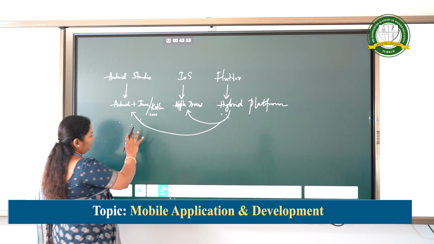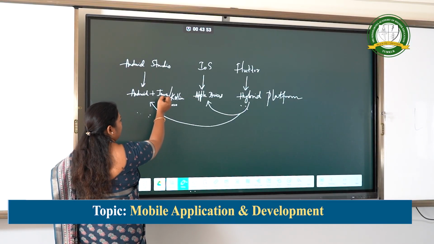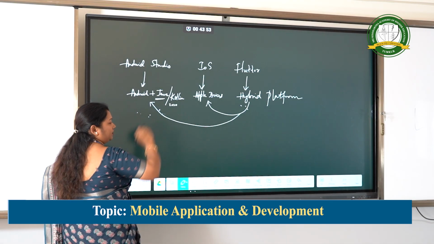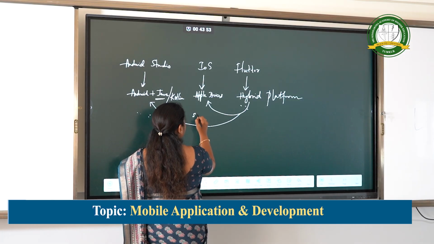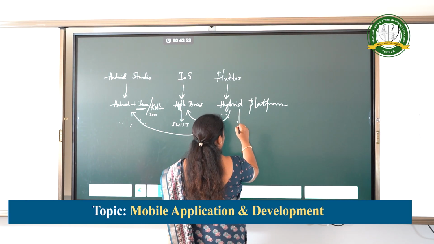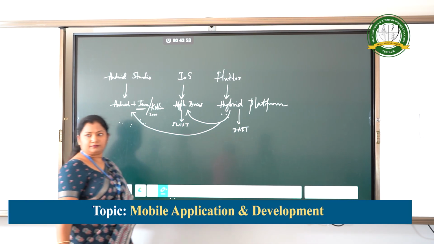Clear? Next, what languages do we use? I have already mentioned that Java is used extensively here, and now we are using Kotlin. In iOS, we use a language called Swift. And for developing Flutter, we have a language called Dart.